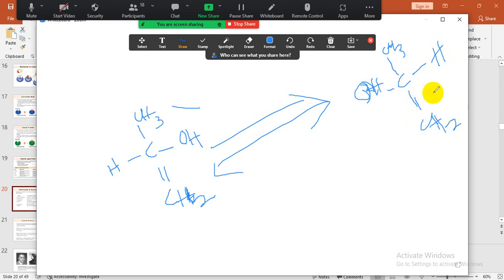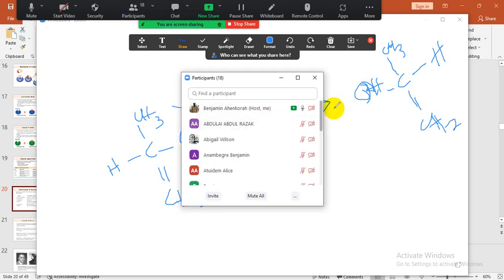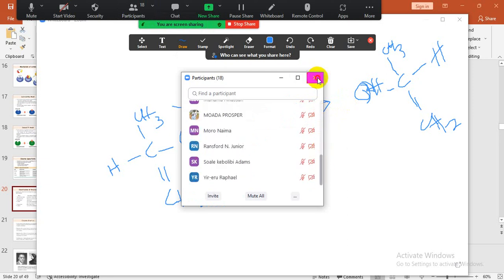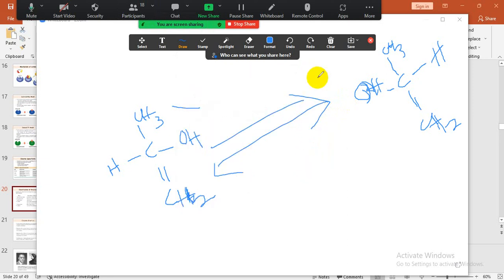What have we done to this compound? Policeman, where is he? Prosper. Hello. Prosper, what have we done?